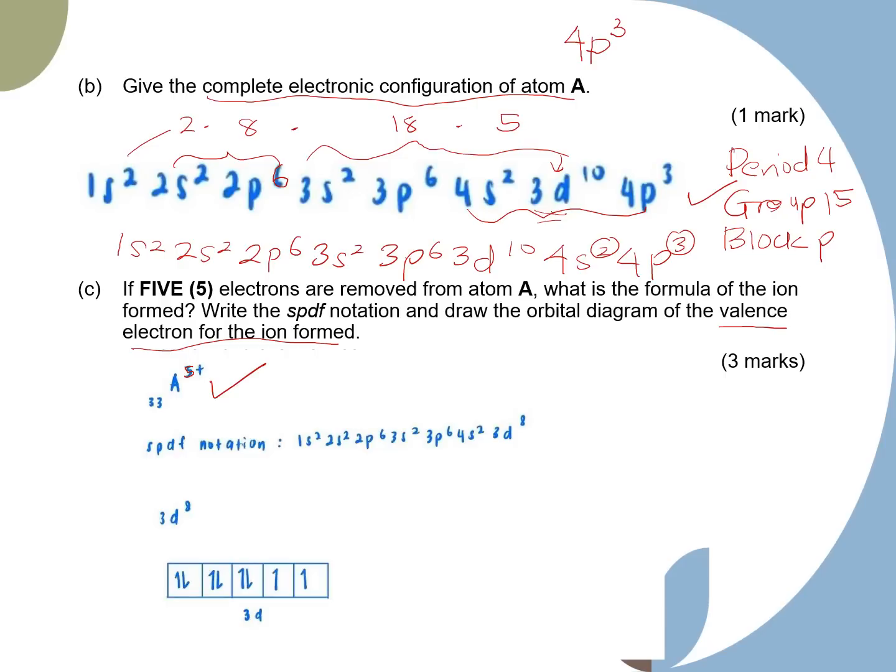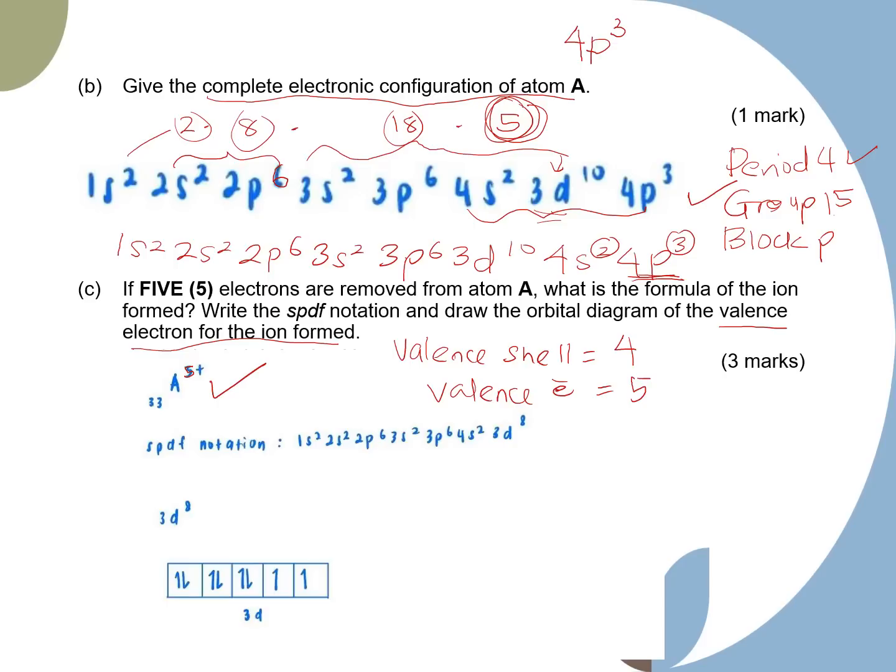So it is 1, 2, 3, 4, period 4. Group 15 because the number of valence electrons is 5, plus 10. It is from P block because the configuration is in the range of ns2 np1 until ns2 np6. So from there we know that the valence shell is 4 and valence electrons is 5.